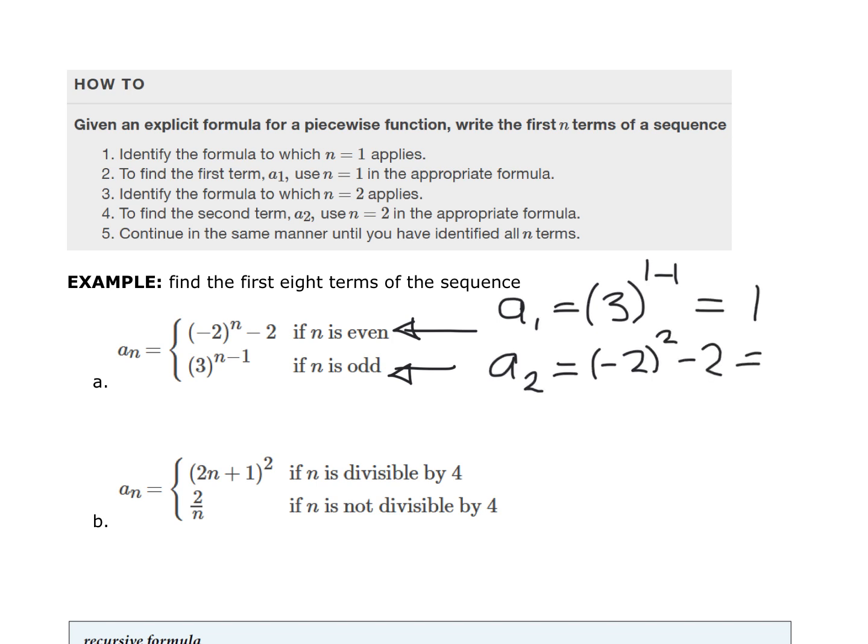And so I'm going to have negative 2 raised to the 2 is a positive 4 minus 2, which gives me a positive 2. A sub 3, well, 3 is odd, so I'm now going to use the second piece of the piecewise. And so I'm going to have 3 raised to the 3 minus 1. So this is going to give me 9. And you can see that it just depends on whether or not my input is odd or even.